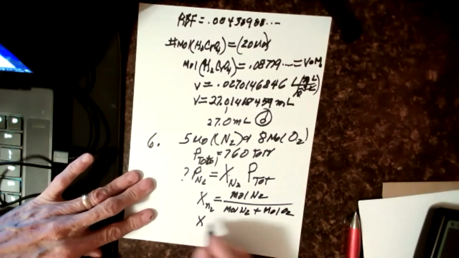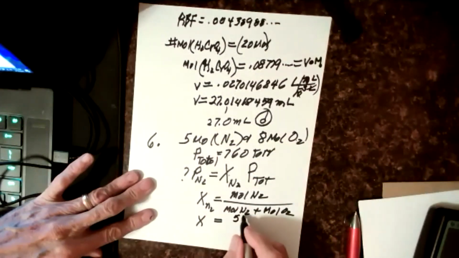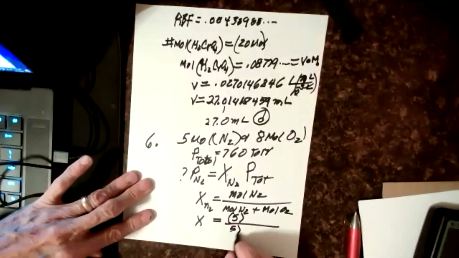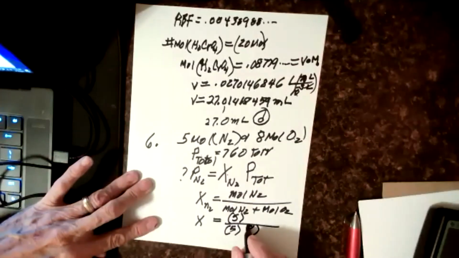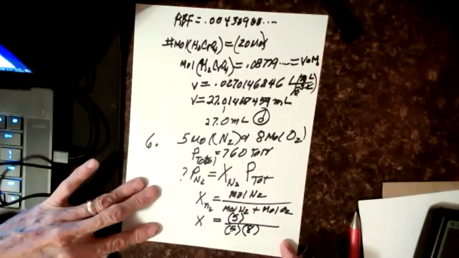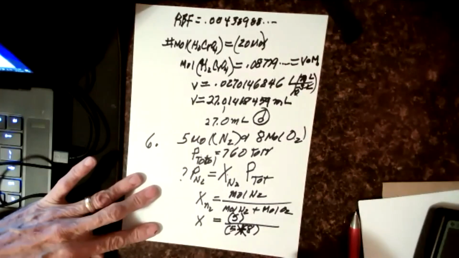And so the mole fraction is going to be the moles of nitrogen, which is 5, over the moles of oxygen, which was 8. So that's going to be 5 divided by 5 plus 8, not times, plus 8, which is 13.